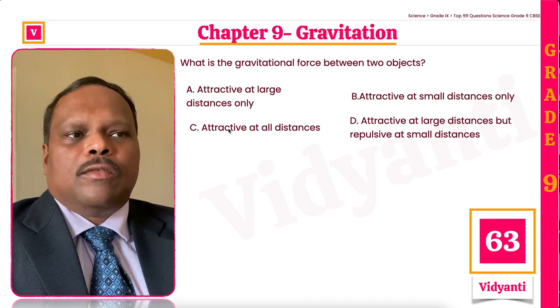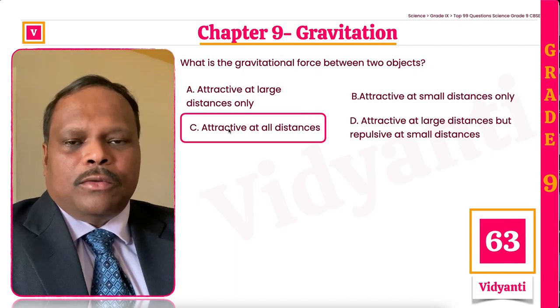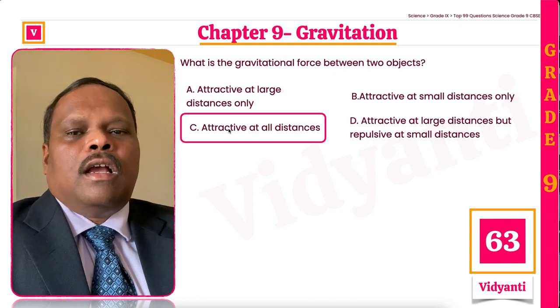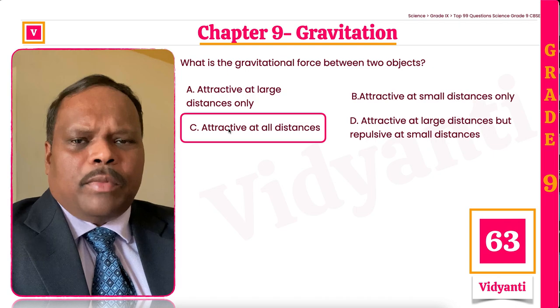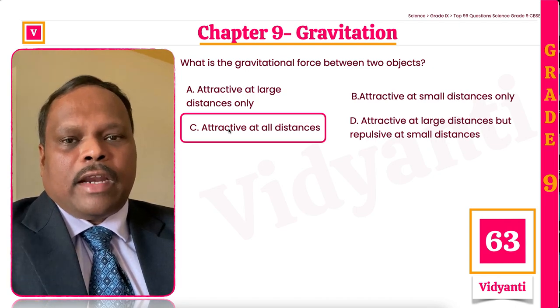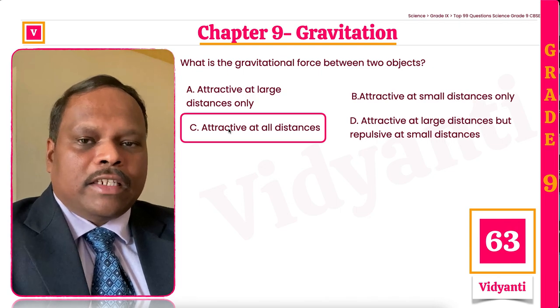What is the gravitational force between two objects? Well, gravitational force is always attractive at all distances irrespective of the sizes, mass, and the distances. As a comparison, I can tell you electrostatic forces can be attractive or repulsive. If you have like charges, then you have repulsive forces, or if you have unlike charges, you have attractive.